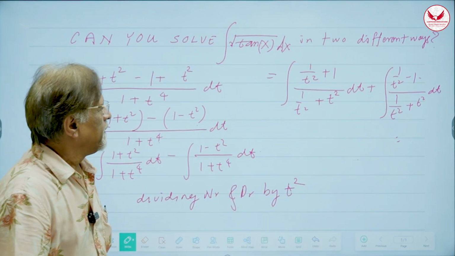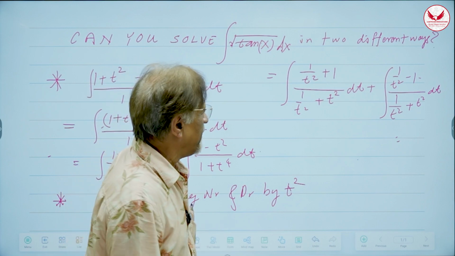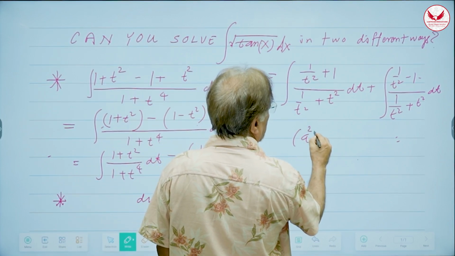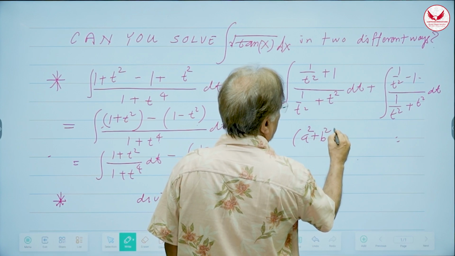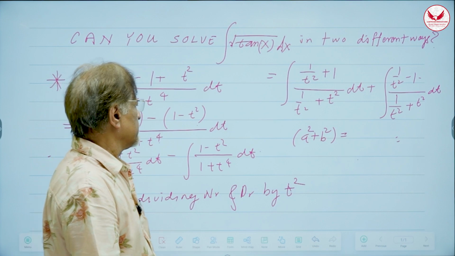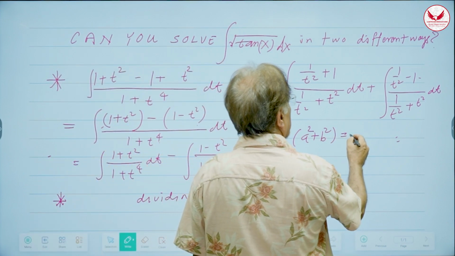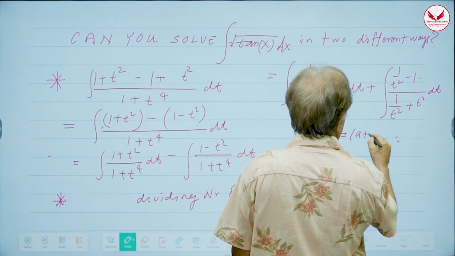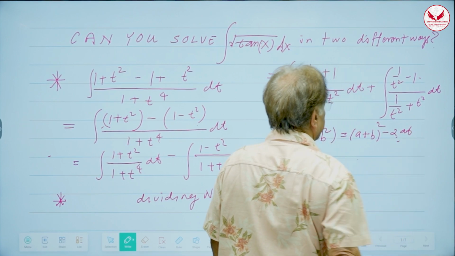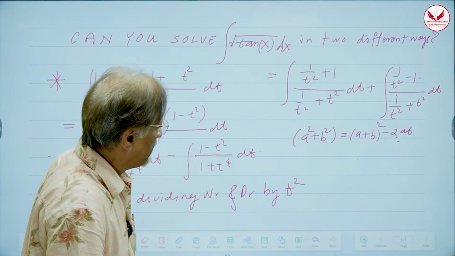Remember one thing, that there is one identity in algebra, which is a very interesting identity. The identity says that a square plus b square can be written in two different forms. So a square plus b square can be written as (a plus b) square minus 2ab. Correct? It's the same thing.